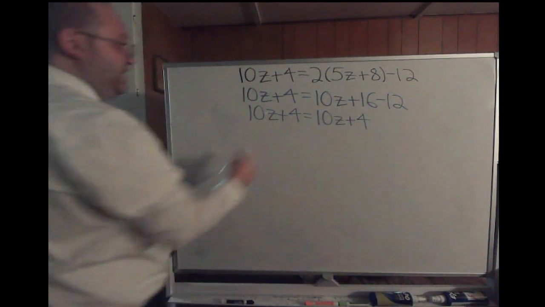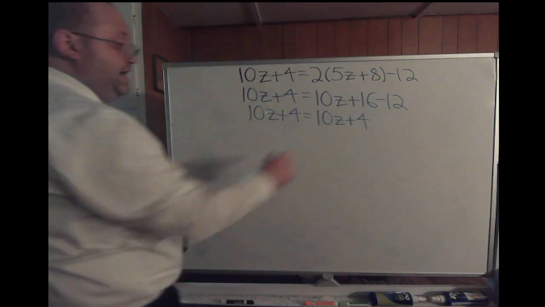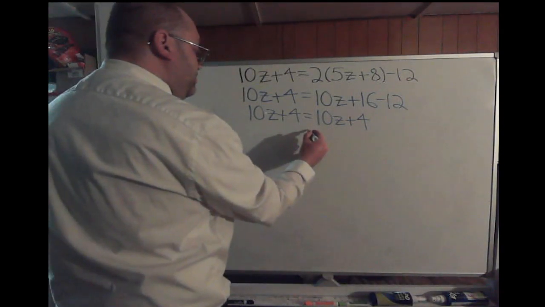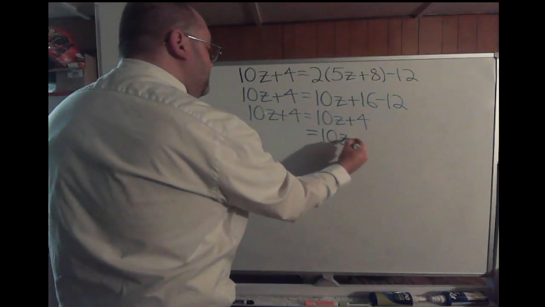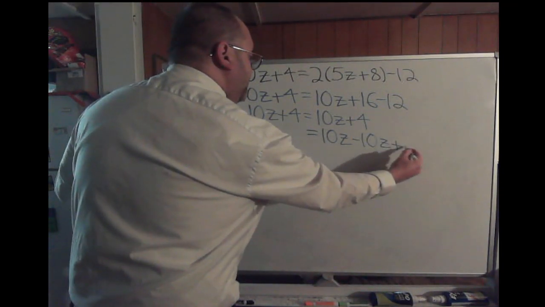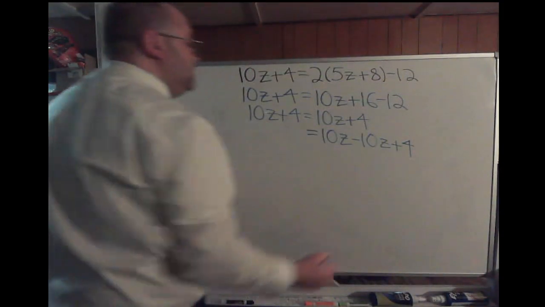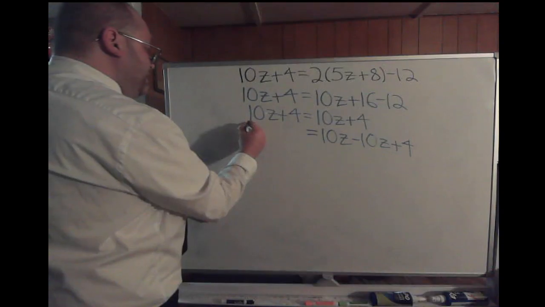You see what we're set up for? We're set up for just getting another true statement. On the right-hand side, we want to get rid of that 10z, so we'll do 10z minus 10z, and then we just have that plus 4 hanging out. And what we've done to the right side, we've got to do to the left.